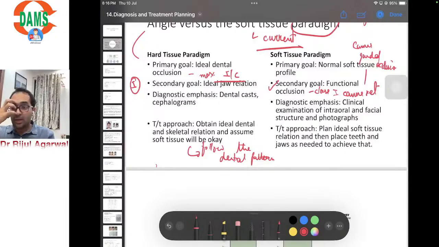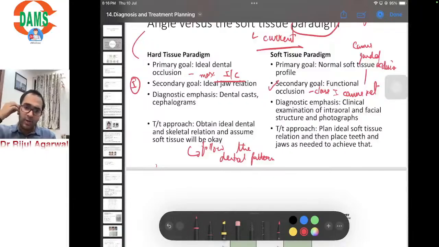Now our treatment approach is to plan the ideal soft tissue relation and then place the teeth and jaw accordingly to achieve that. That's why the need for orthodontic surgeries has increased, so as to have an ideal spatial proportion that balances it.